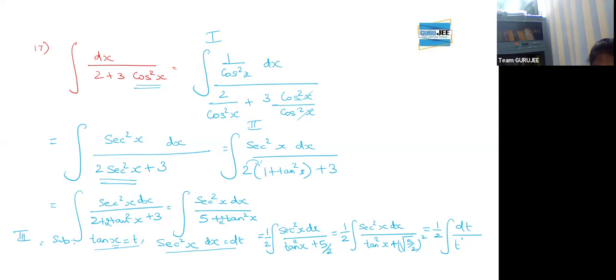This will be equal to t square plus root of 5 by 2 whole square.